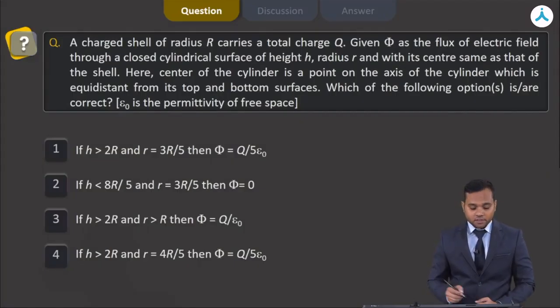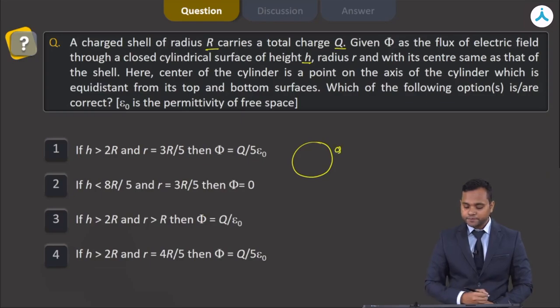This question says a charged shell of radius R carries a total charge q. Given phi as the flux of electric field through a closed cylindrical surface of height h, that means let's say this is a spherical shell having charge q.